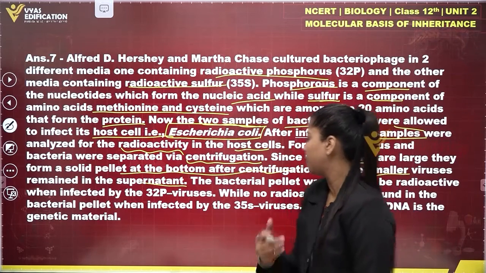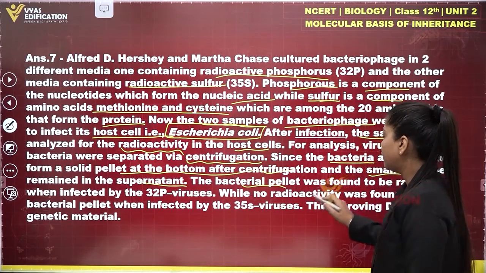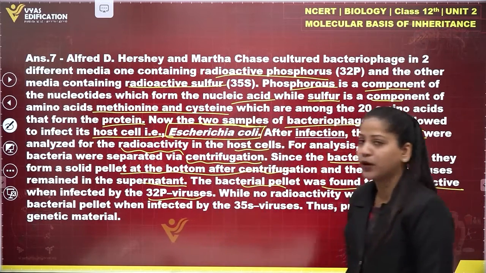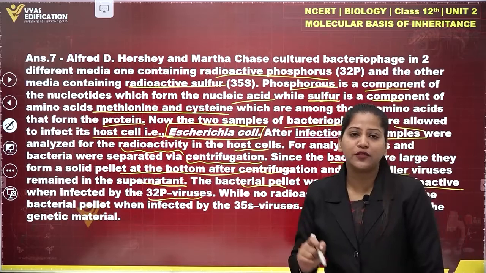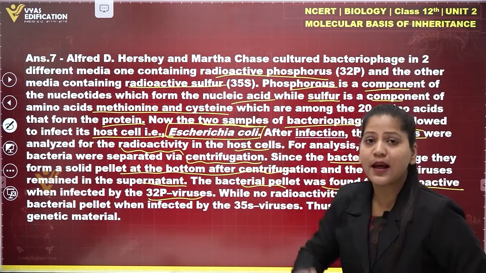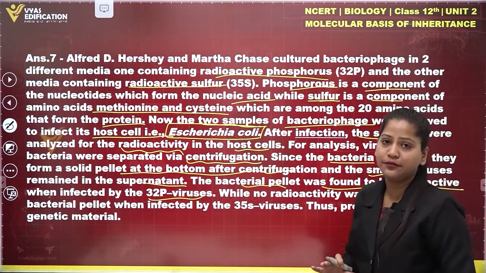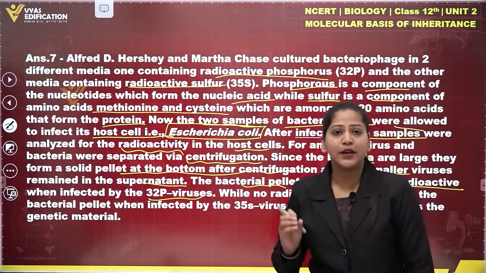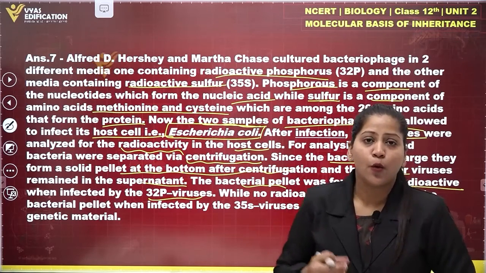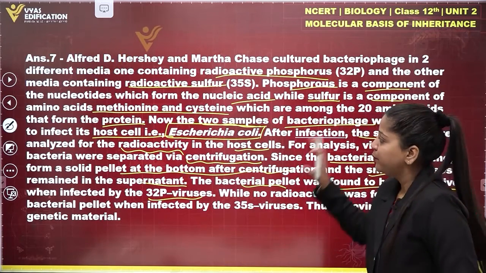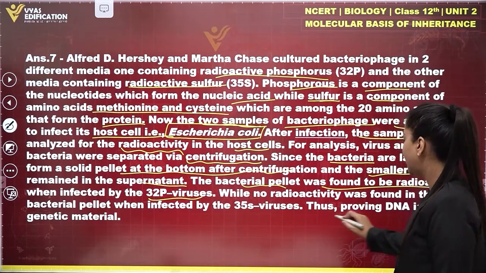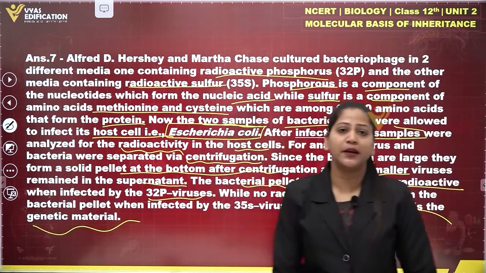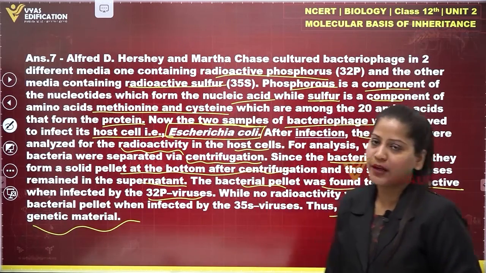The bacterial pellet was found to be radioactive when infected with bacteriophages with radioactive phosphorus, and there was no radioactivity found in the Escherichia coli infected with bacteriophages with radioactive sulfur. This proves that DNA is actually the genetic material, not proteins.